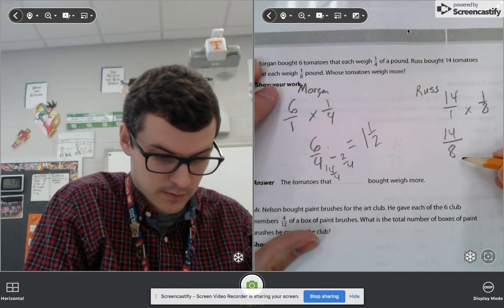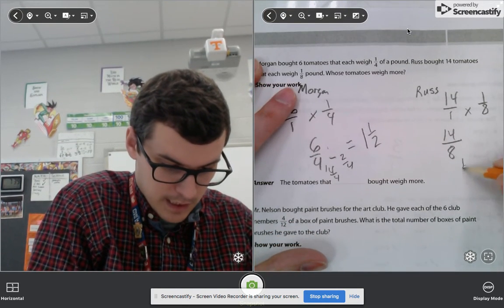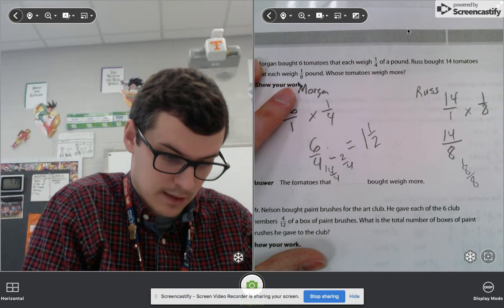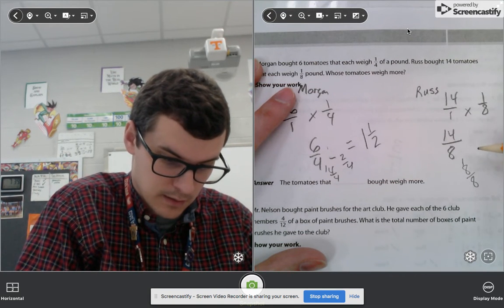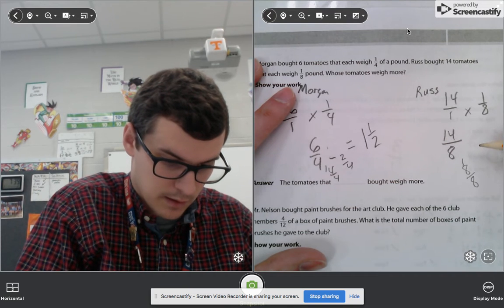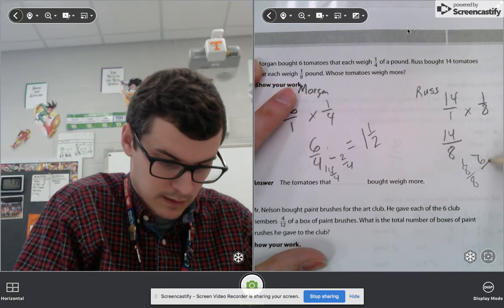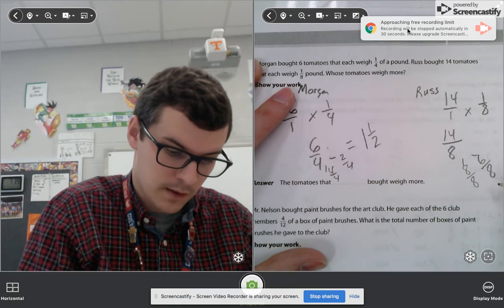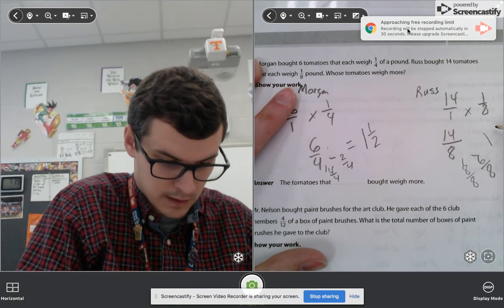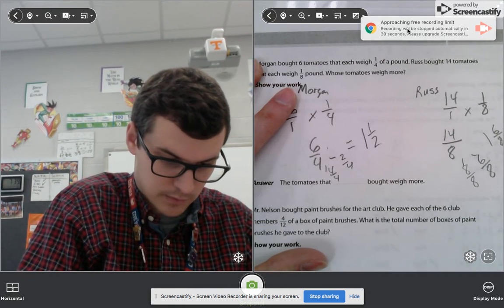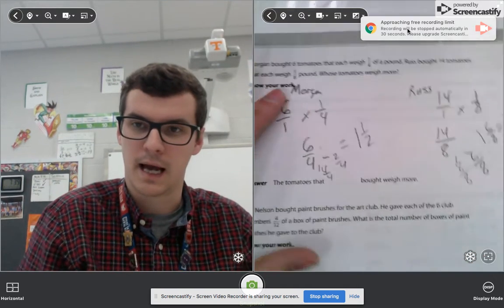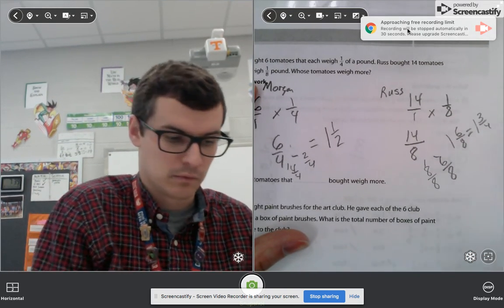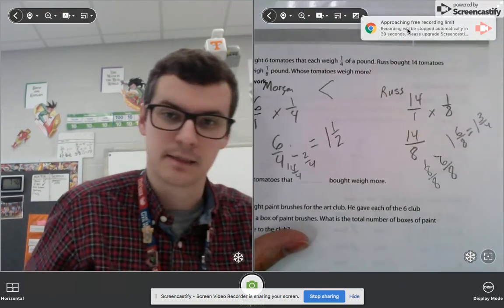And this one, I can also pull out 8 eighths, and then 14 is going to give me 6 eighths. So 1 and 6 eighths, which would be equal to 1 and 3/4. So Morgan is less than Russ.